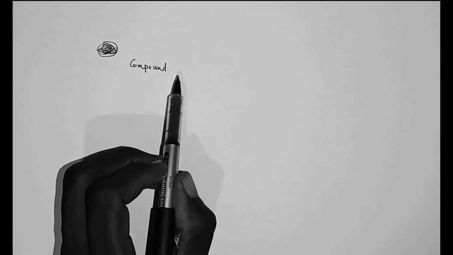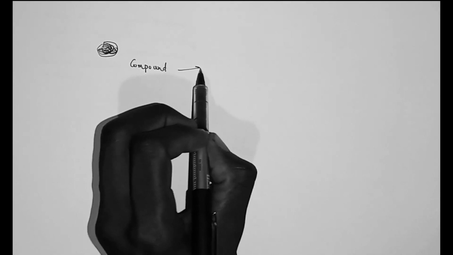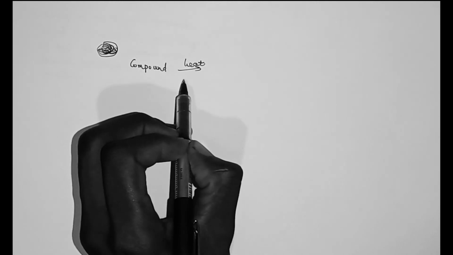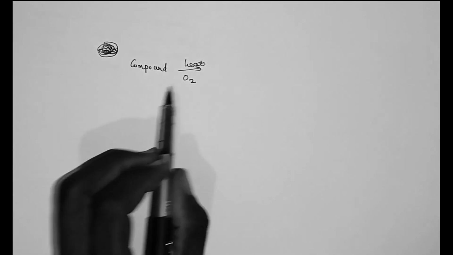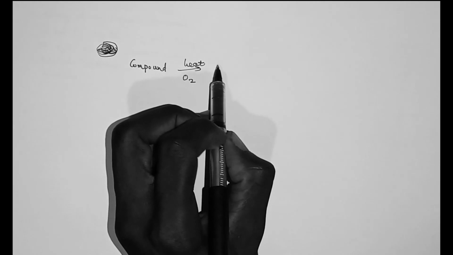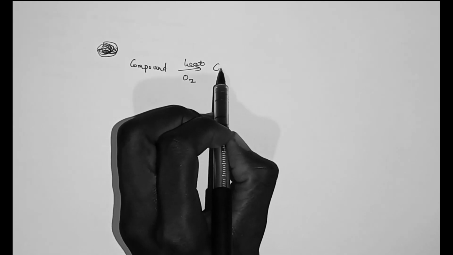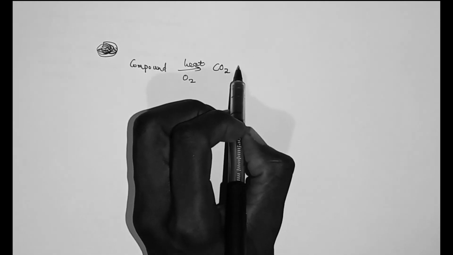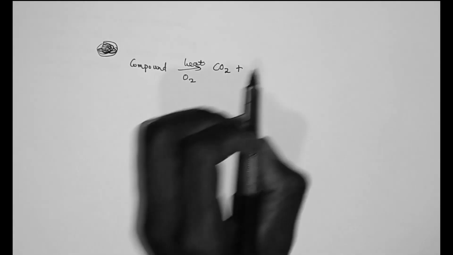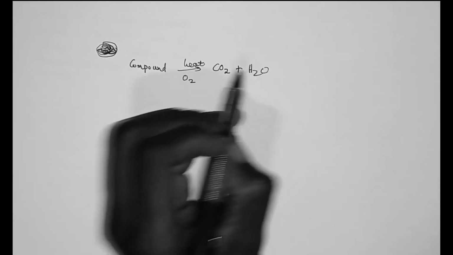the compound. What you do is that you heat the compound in oxygen. When you do this, you convert all the carbon in the compound into carbon dioxide, and then all the hydrogen into water.